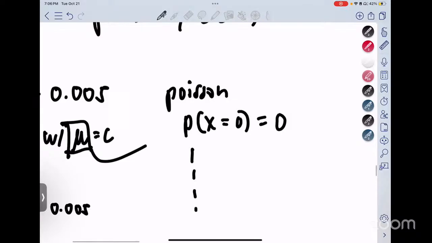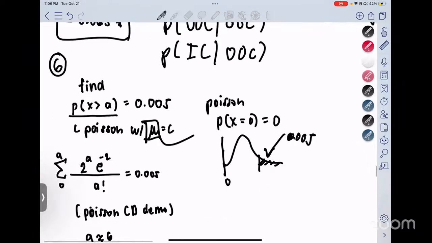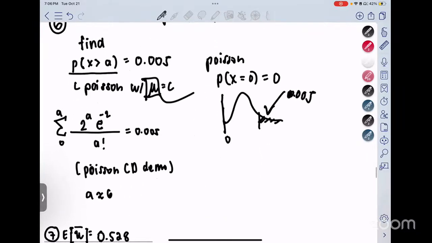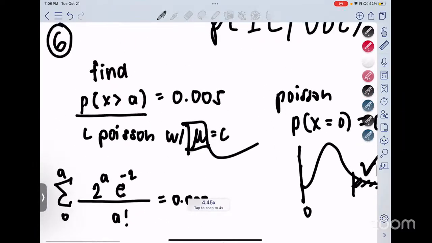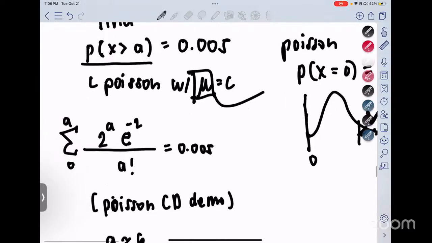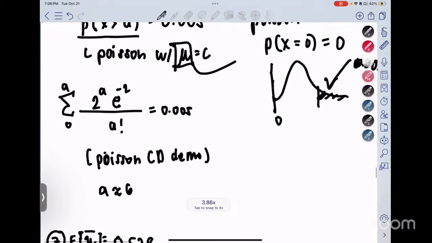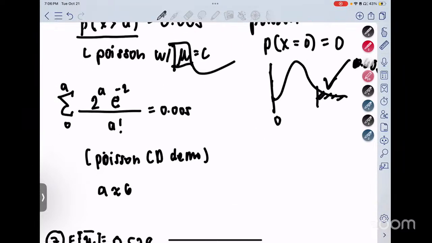So nagsistart siya at 0, yung Poisson distribution, something like this. So we're allowed to basically look at it from one side lang. We want this to be 0.005. Okay. So then you can also change this to Poisson x less than a equals 0.995. I have to show Poisson CD. Wait, let me just get my calc.